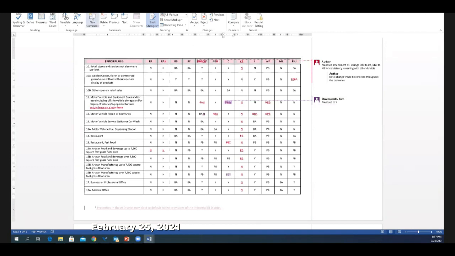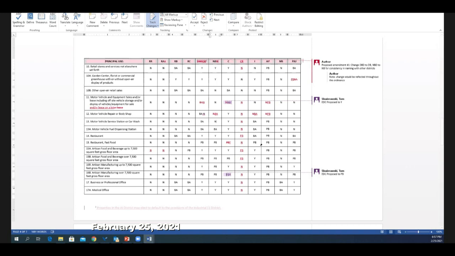One number before you leave the page, number 13, NBD. 13, motor vehicle service station or car wash. In NBD, it says no. Should that be by Board of Appeals? Similar to the above and below uses, you're going to be allowing a motor vehicle dispensing station, but then you can't have a car wash potentially.